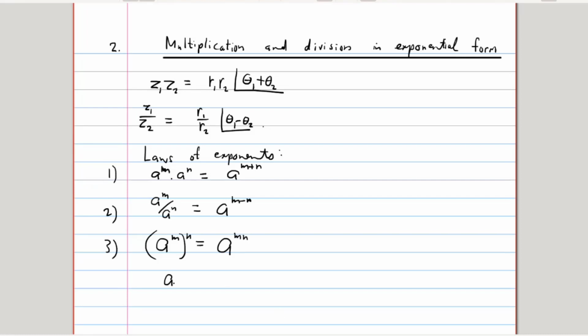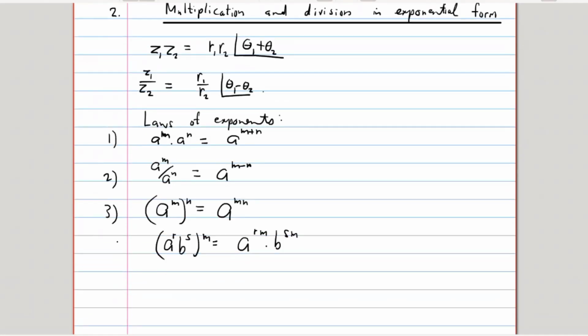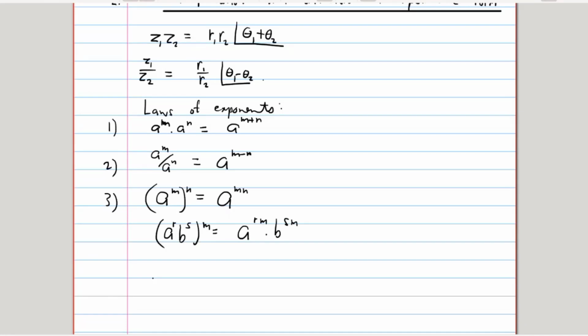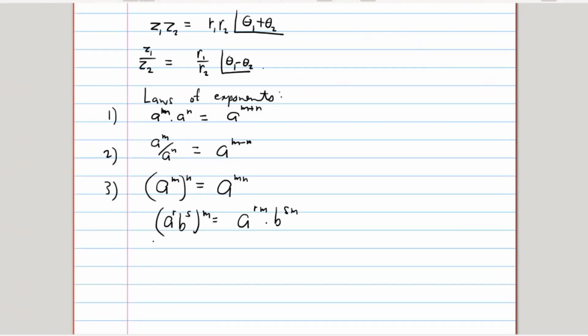And then a, b, r, and s all to the m: a to the rm times b to the sm. So those are basically, in essence, three main laws. This one is just a sub-law, okay? It comes from the others. Yeah, so basically that's it.